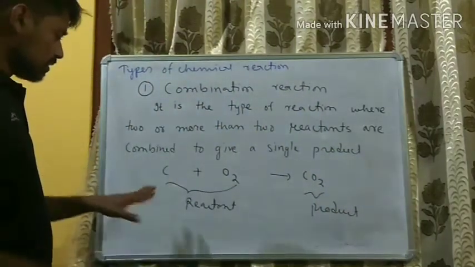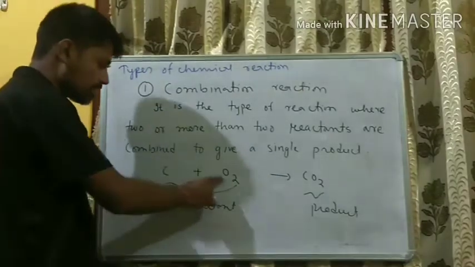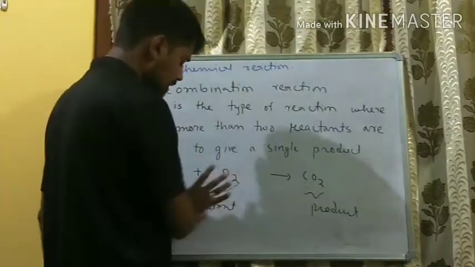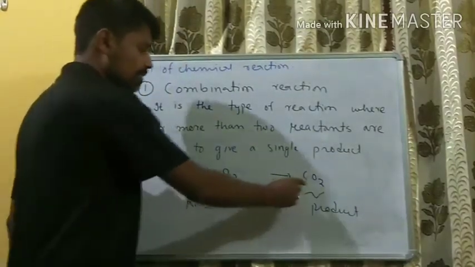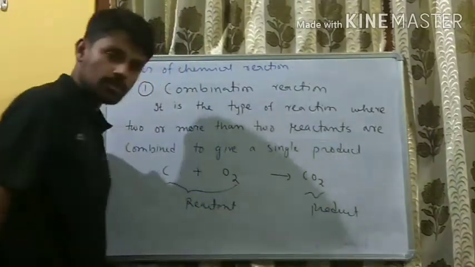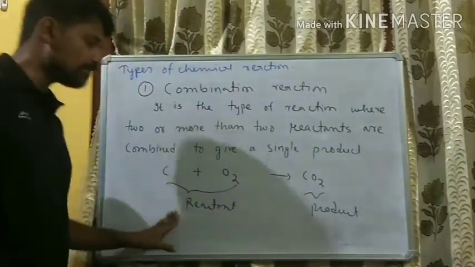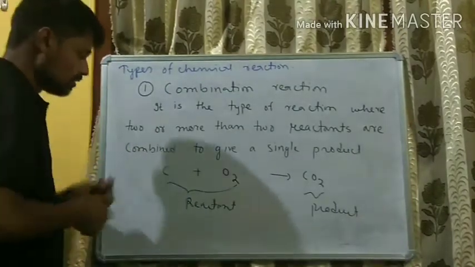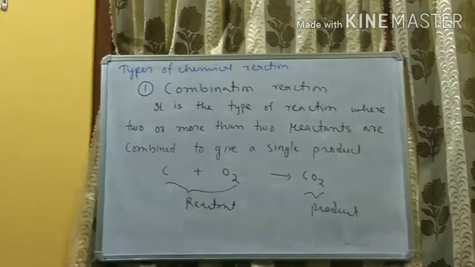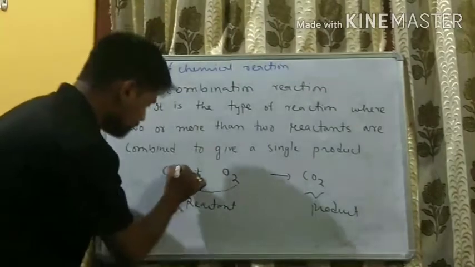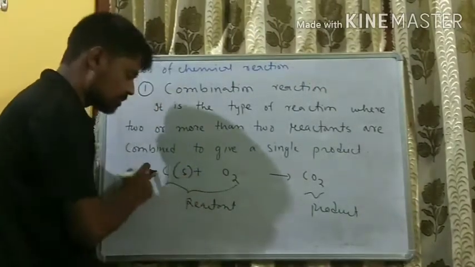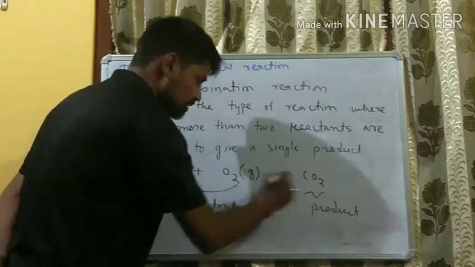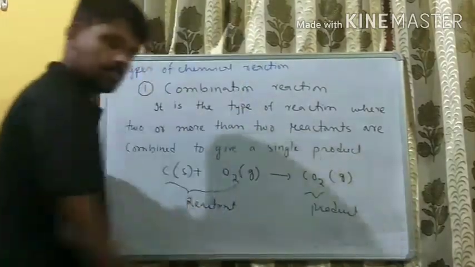So in this reaction, you can see that the number of reactants is 2, and both of them are combined to give a single product. The number of product is 1. So this is an example of combination reaction. You can also write S, carbon is solid, oxygen is gas, and carbon dioxide is also gas.